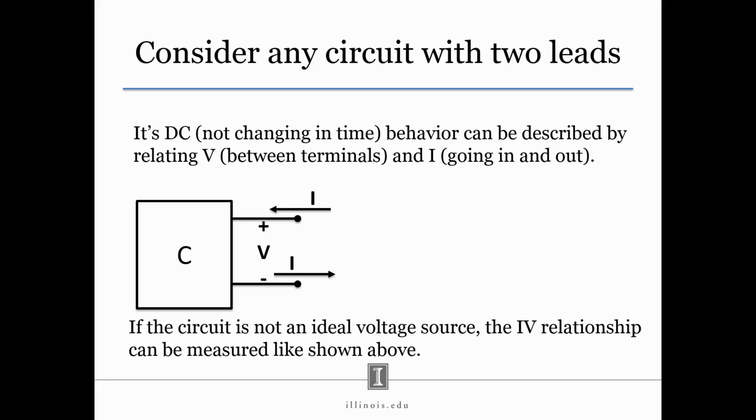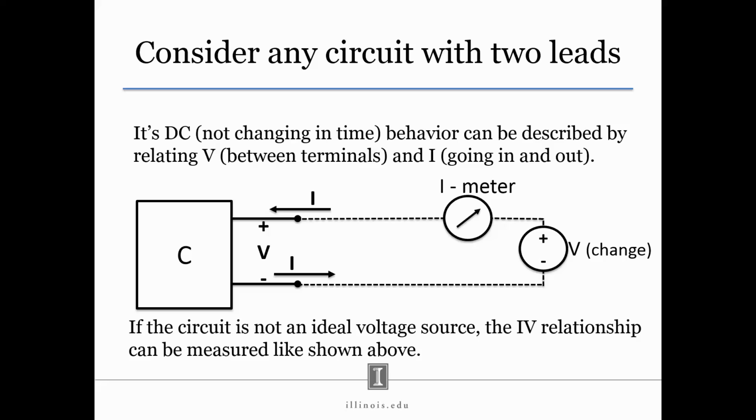So we could actually measure something like this, and you'll be doing this in the lab at some point. We could connect a variable voltage source and measure the current drawn out of that voltage source, and you can study the IV relationship that way.